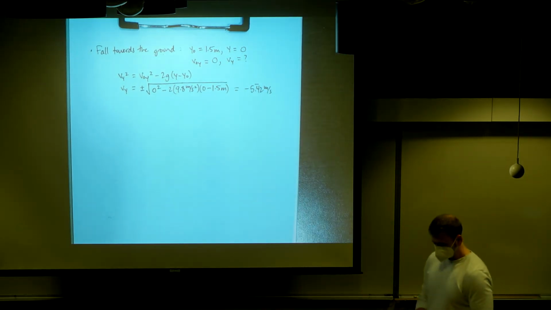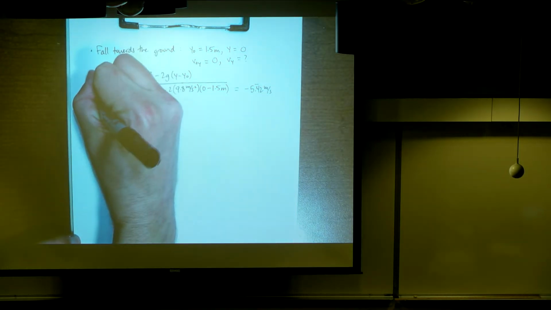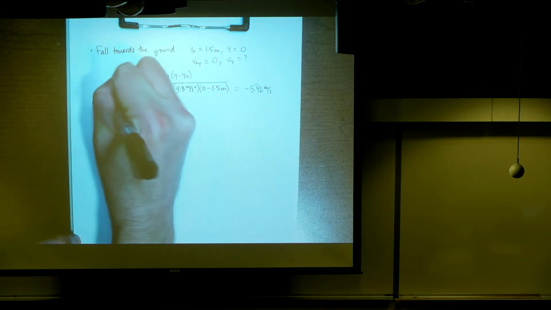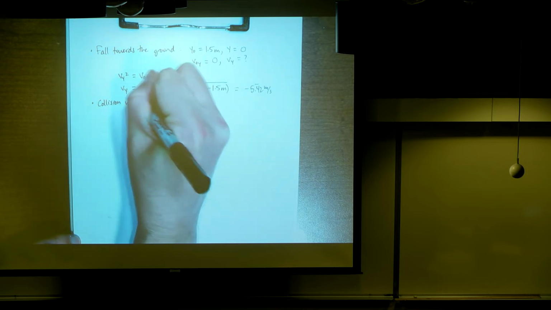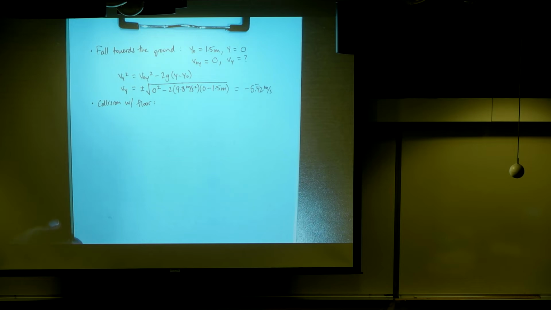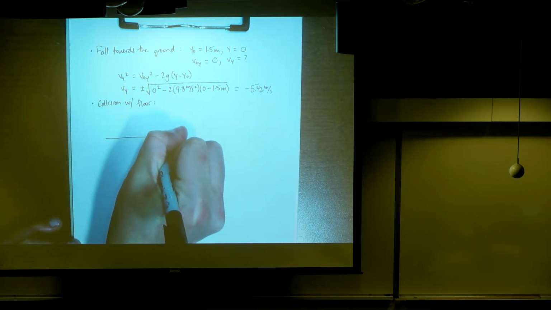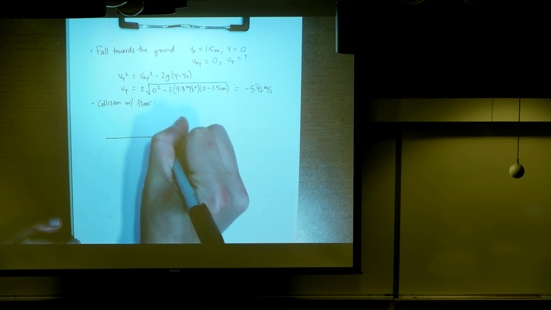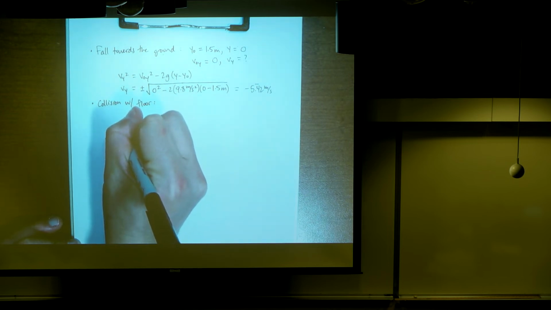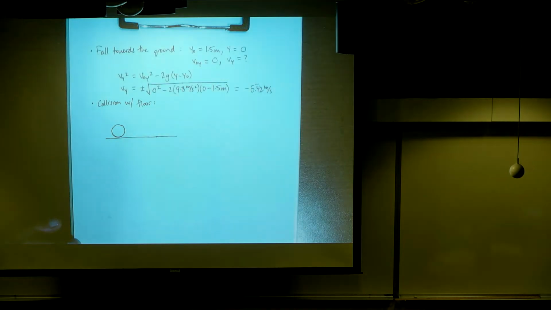So here's the next part, which I want you to try out. Consider the collision with the floor. I'm going to draw the situation, okay? We have the floor here. First, I'm going to show you what is going on just before we hit the floor. So this is like the moment that we make contact with the floor.